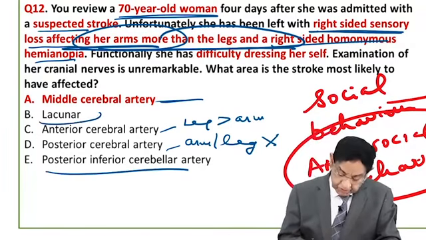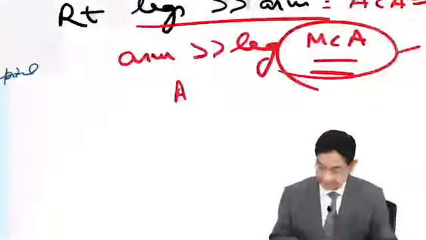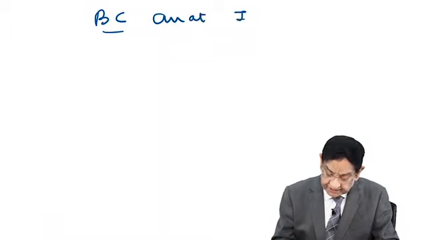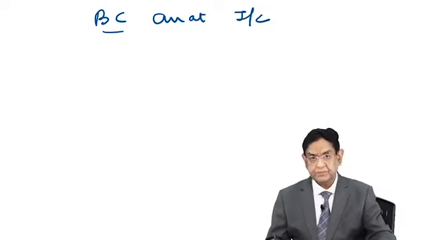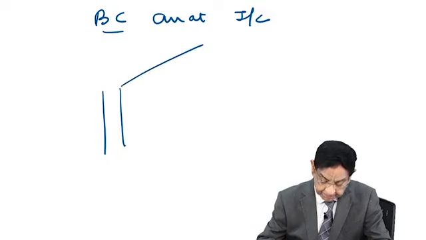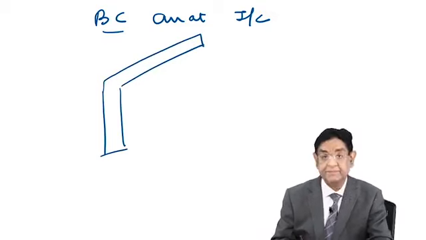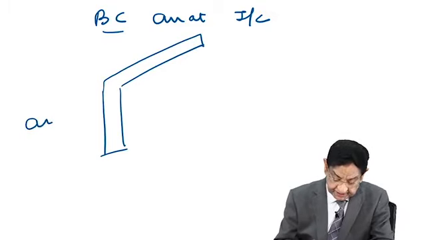Yes, I must talk about lacunar infarct. This is a very frequently asked question. So let's talk about lacunar infarct. For that, let's recall the basic anatomy of the internal capsule. In the internal capsule, we have an anterior limb and a posterior limb.